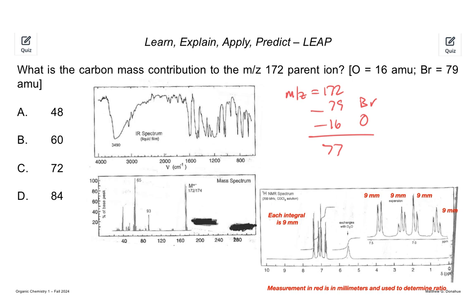So if we take 77 and divide that by 12, it's going to get us 6 carbons. And so to figure out for this question, 12 times 6, that gets us 72.